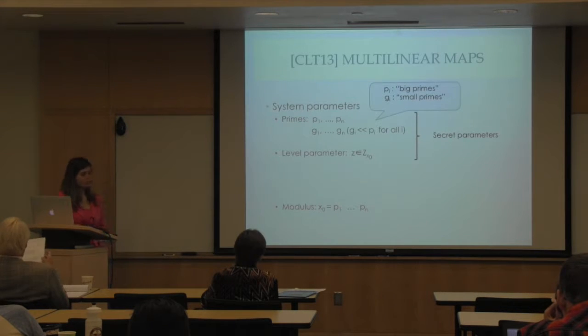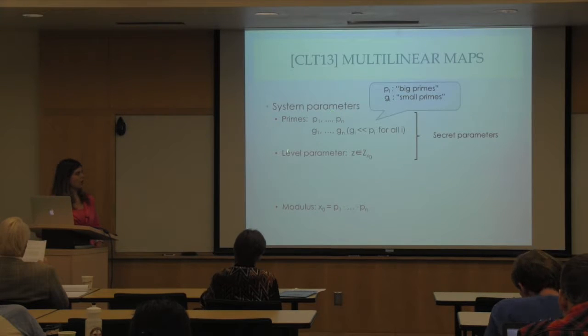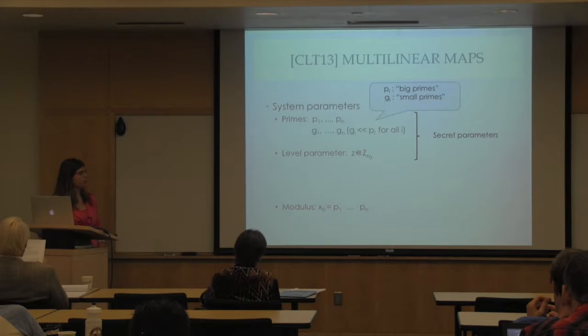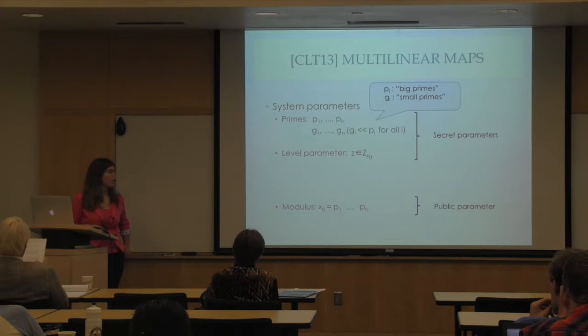Now, in terms of what needs to be secret, all of these parameters need to be secret: the two sets of primes and the level parameter b. The modulus x sub 0 would actually be public, and this will be needed in order to perform multiplication.